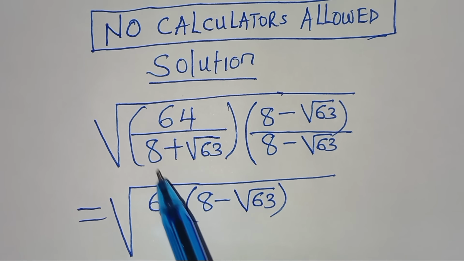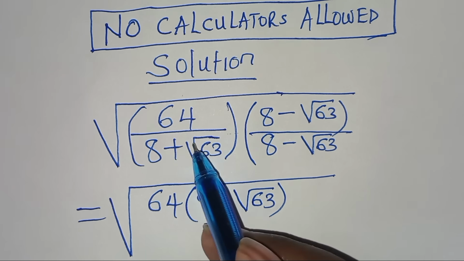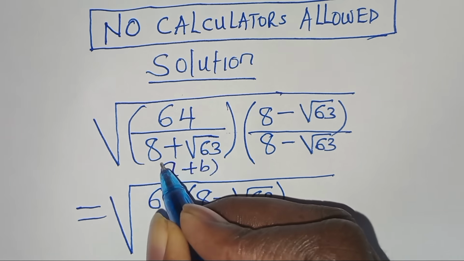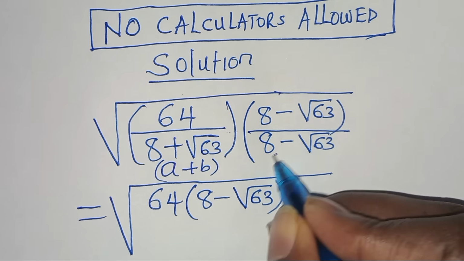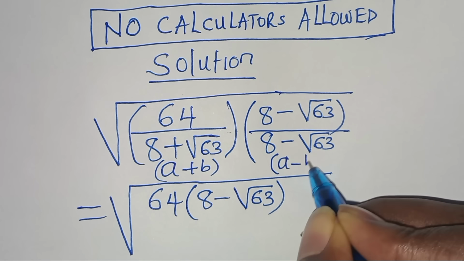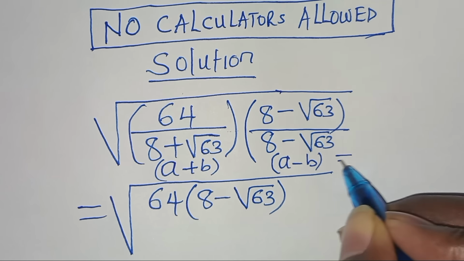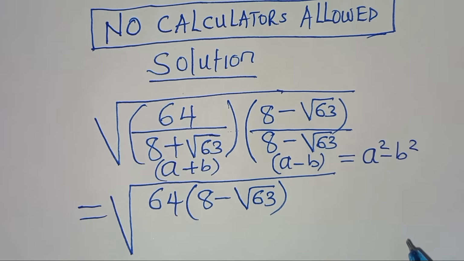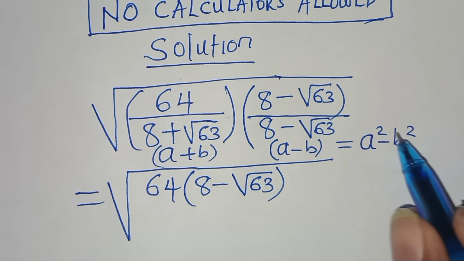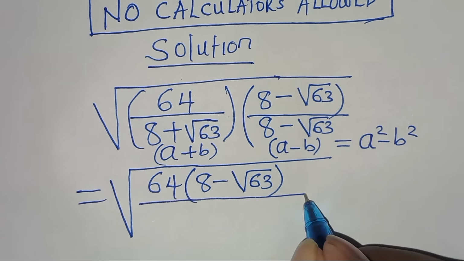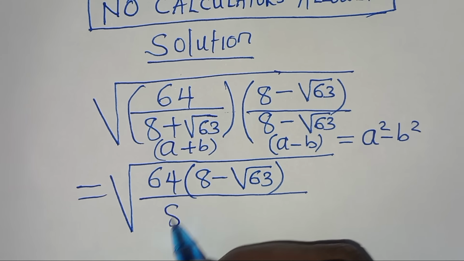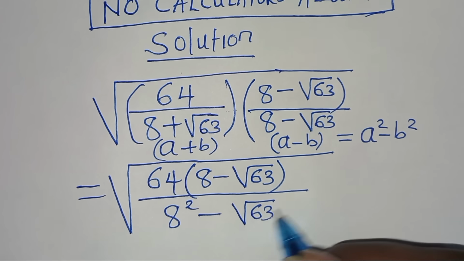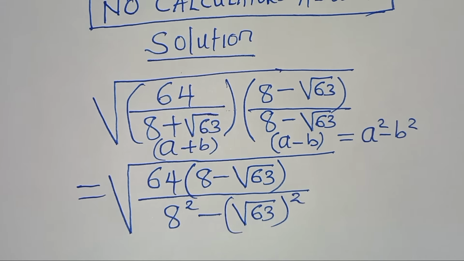Now, when you check the denominator here, 8 plus square root of 63, this is the same thing as a plus b, and the conjugate can be classified as a minus b. This implies that we can express this as a squared minus b squared. Applying this identity, in the denominator we have 8 squared minus square root of 63 raised to the power of 2.